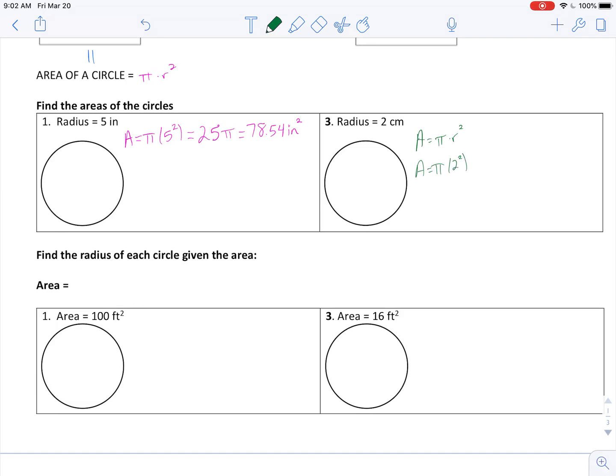Well, I can substitute the radius in for r. So pi times 2 squared. So that area is 4 pi, which is approximately 12.57 centimeters squared.